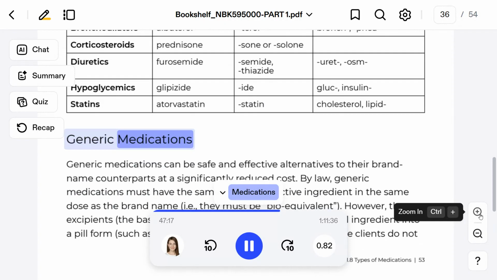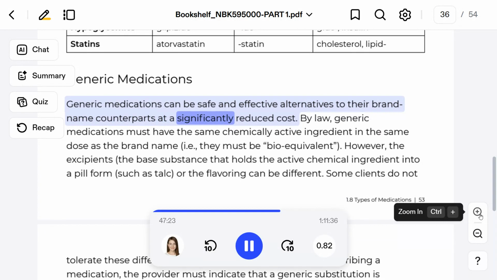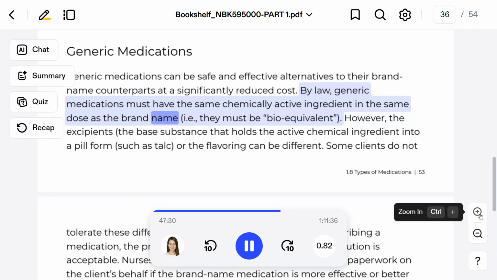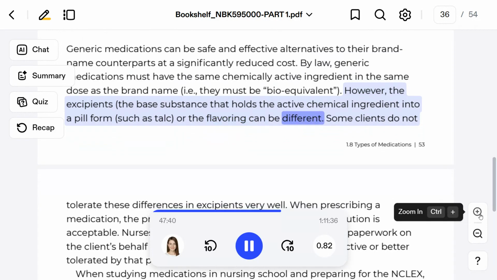Generic medications. Generic medications can be safe and effective alternatives to their brand name counterparts at a significantly reduced cost. By law, generic medications must have the same chemically active ingredient in the same dose as the brand name. However, the excipients or the flavoring can be different.